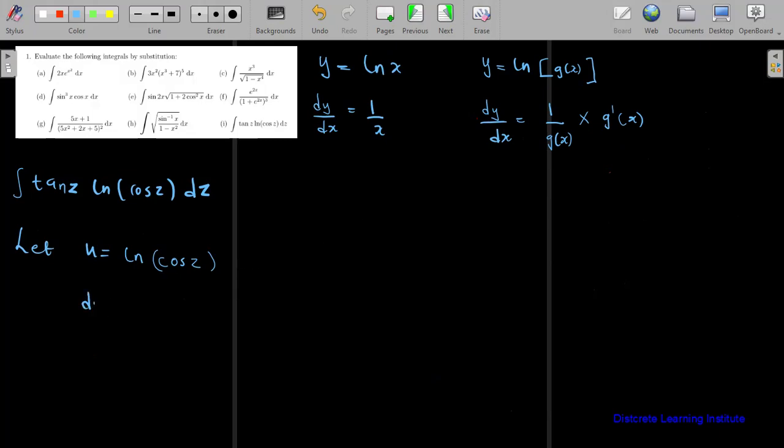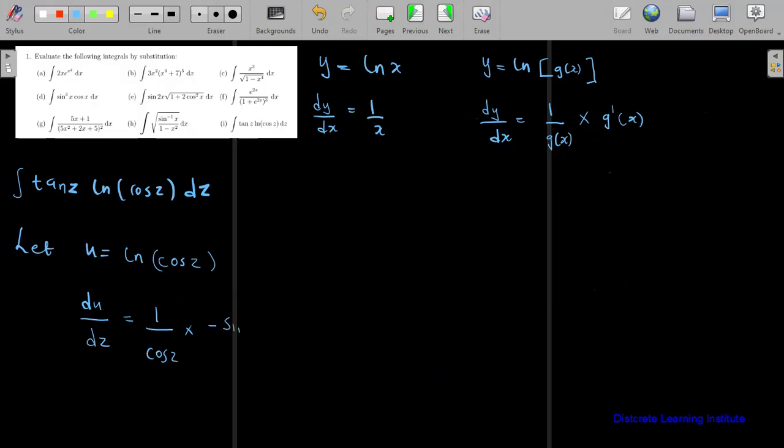So my du/dz, because the function is in terms of z, is equal to 1 over the function inside, cos z, multiplied by the derivative of cos z. Remember the derivative of cos is negative sine.